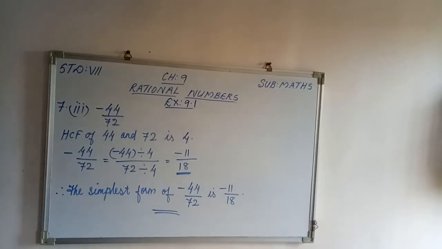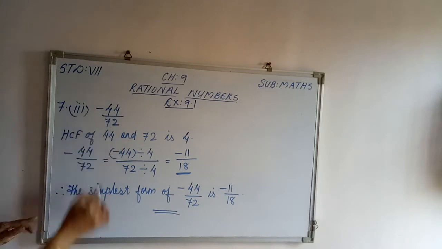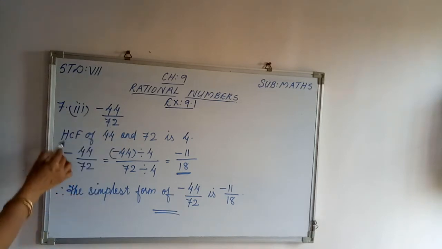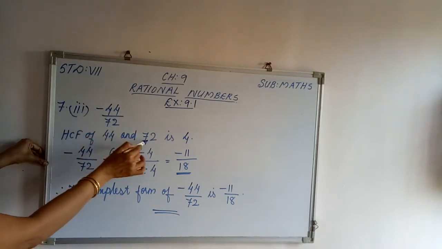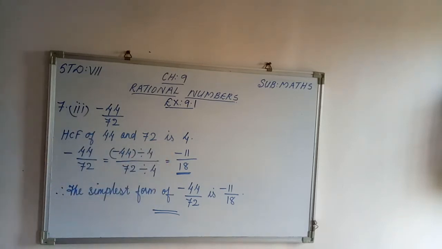Third question is minus 44 upon 72. HCF of 44 and 72 is 4. So dividing both numerator and denominator by 4, we get minus 11 upon 18. Therefore, the simplest form of minus 44 upon 72 is minus 11 upon 18.